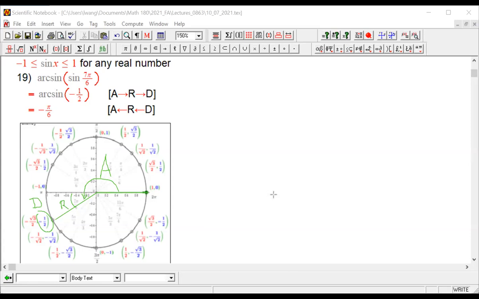No, I know that. I was talking more about the answer. I thought it was going to be just pi over 6. No, because pi over 6 will be here. Right? You have a negative pi over 6, and we have a negative half. Okay, I got you. But you wouldn't use the 11 pi over 6.